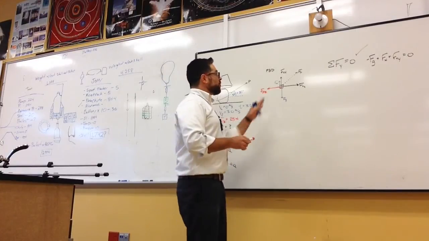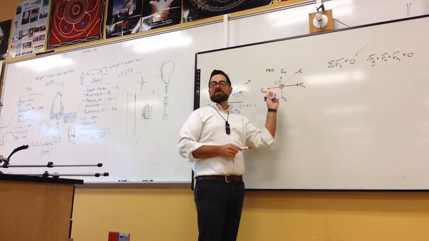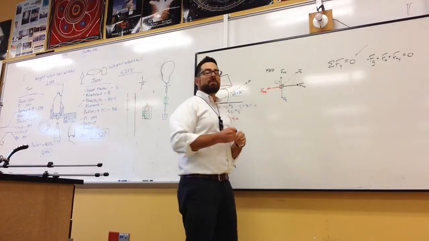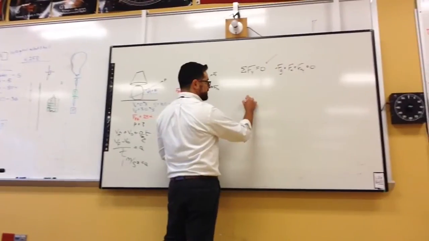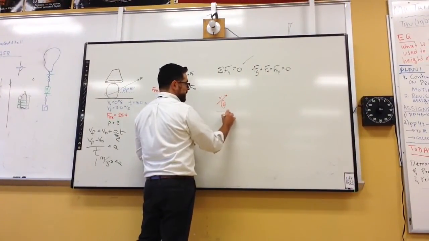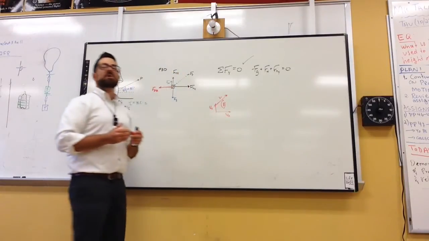Okay, so what I'm saying is that anytime you get a force acting on an object that's not straight up and down or left and right, you have to resolve it into its x and y components. Just like in the projectile problems that we did in a previous unit, if there was a football being kicked at some velocity, the first thing you would do is separate how much of that velocity is going to the right and how much is going up.